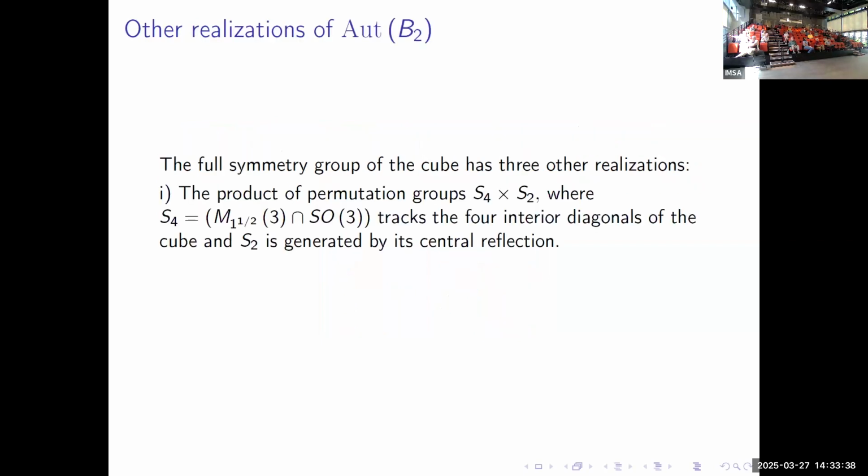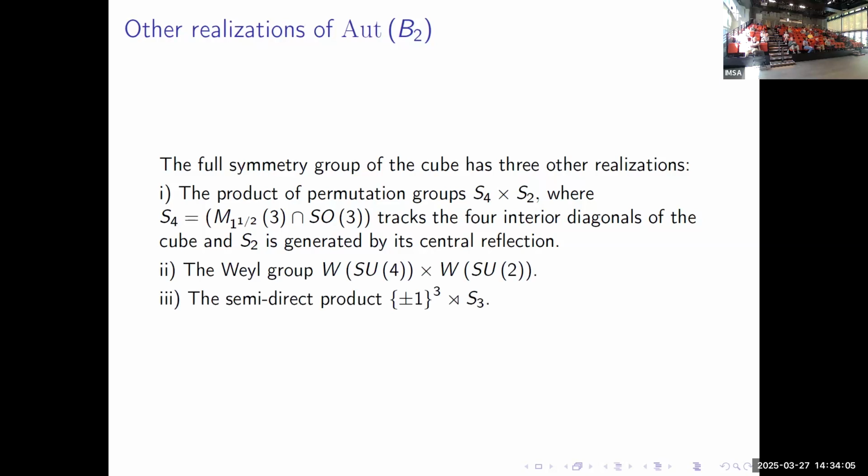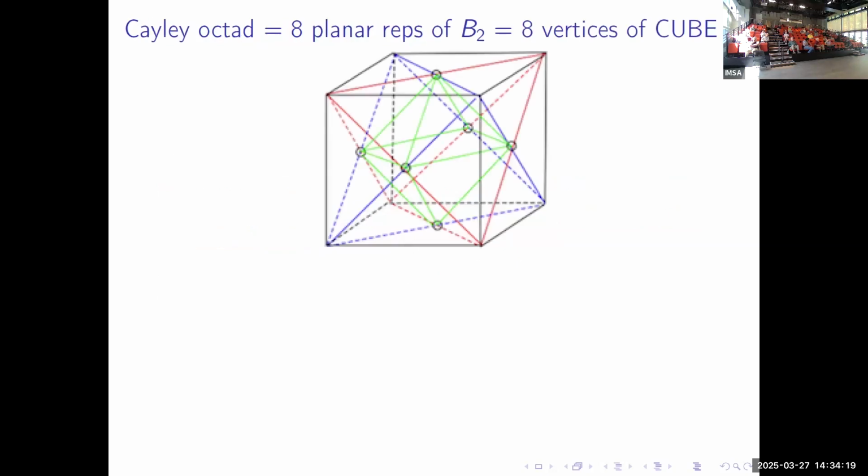Full symmetry group has 3. For us, that S4 is going to be the Weil group, the A4 Weil group. And the S2 is, as you guess, the reflection through the center of the cube. And last but not least, it's pretty obviously from the equation itself, the semi-direct product of permutation group on 3 letters and plus or minus 1 cube.